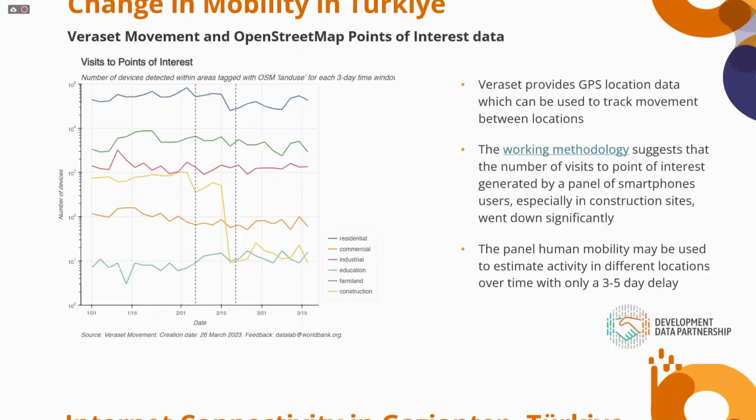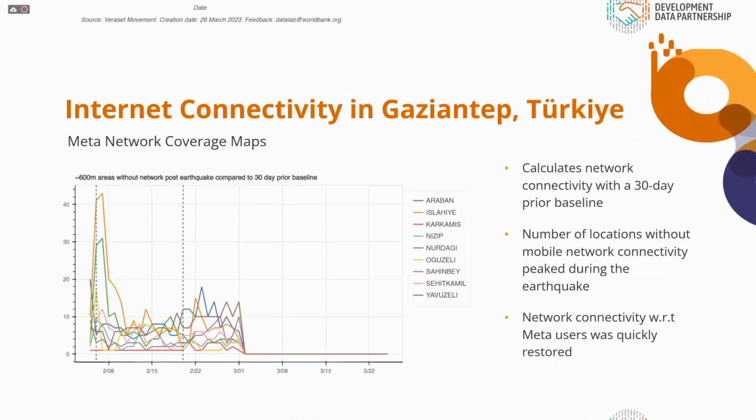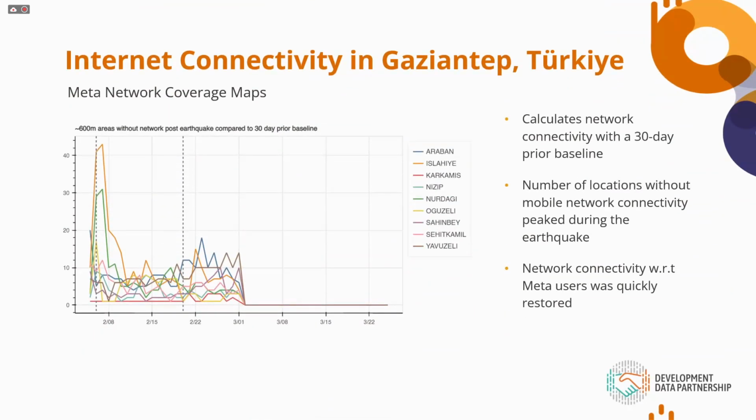Following mobility, one of the other indicators we looked at was internet connectivity. We used Meta network coverage maps to measure internet connectivity in the earthquake. And what you're looking at here is the number of areas of around 600 meters in area that do not have network connectivity.